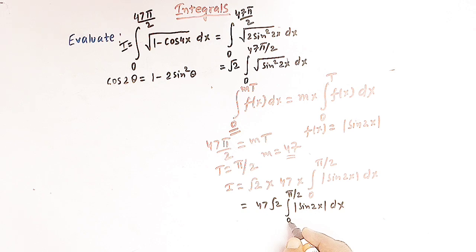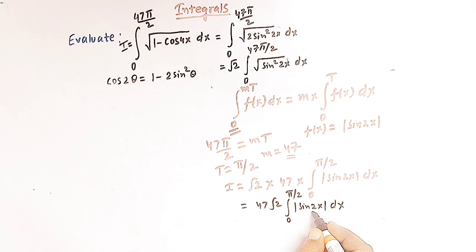Here the limits of integration vary from 0 to pi by 2, and here we have mod of sine 2x. So let us see the concept of sign convention of trigonometric functions in 4 quadrants, because the sign convention helps us to evaluate this integral.